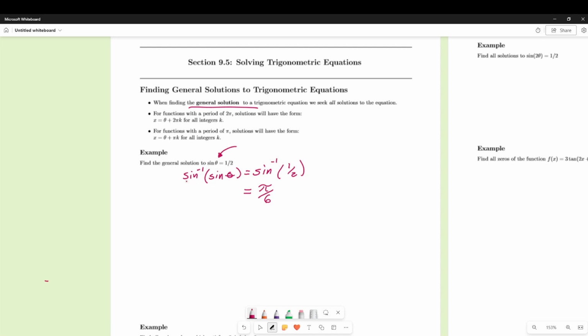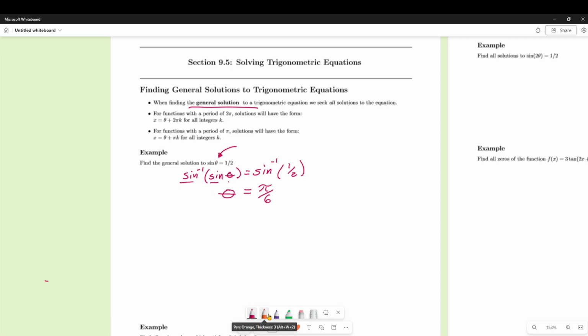we can't say that the sine inverse of the sine of theta is just equal to theta, because we don't know that to be true, because theta is not necessarily within our restriction from negative pi over 2 to pi over 2 that allows that to be true. Now, we don't have some nice symbology like we did for the absolute value.